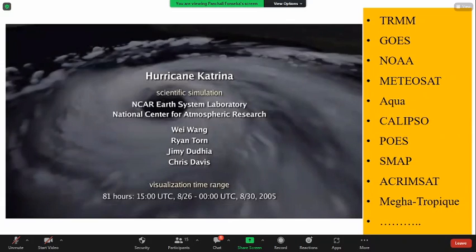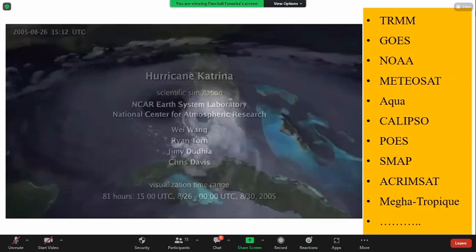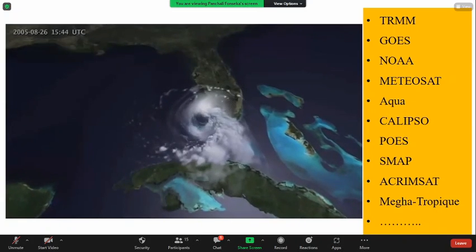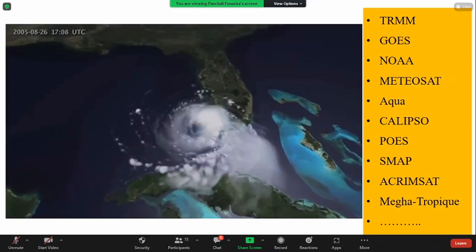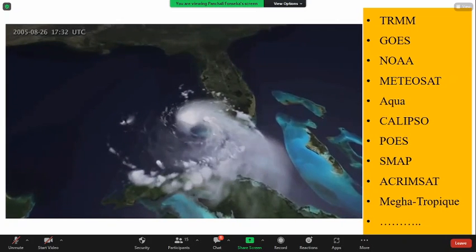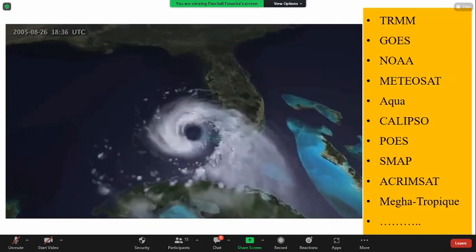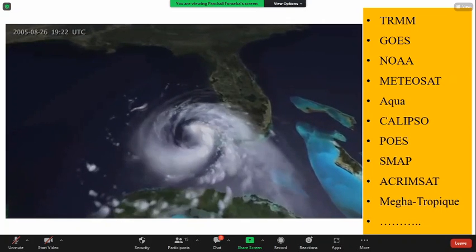Here I have the animation of Hurricane Katrina. This happened in 2005. Here you can see how it moved around the ocean.